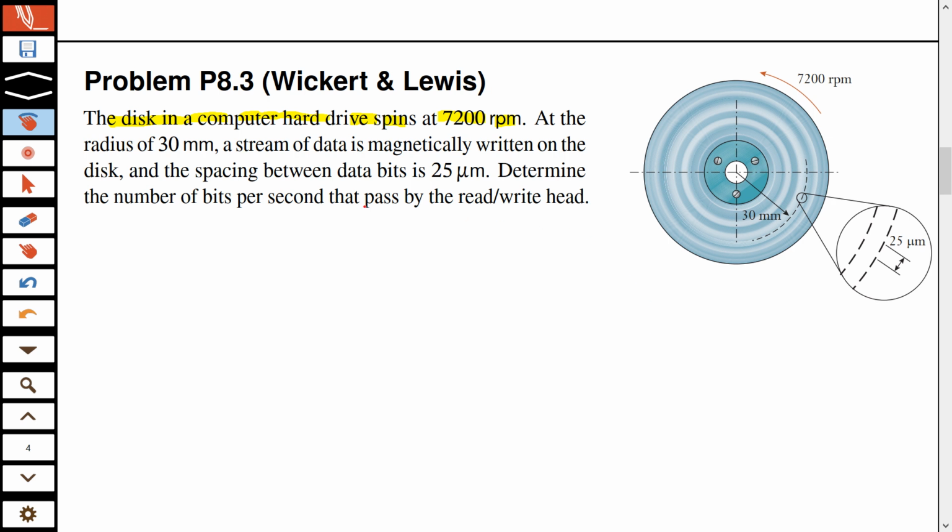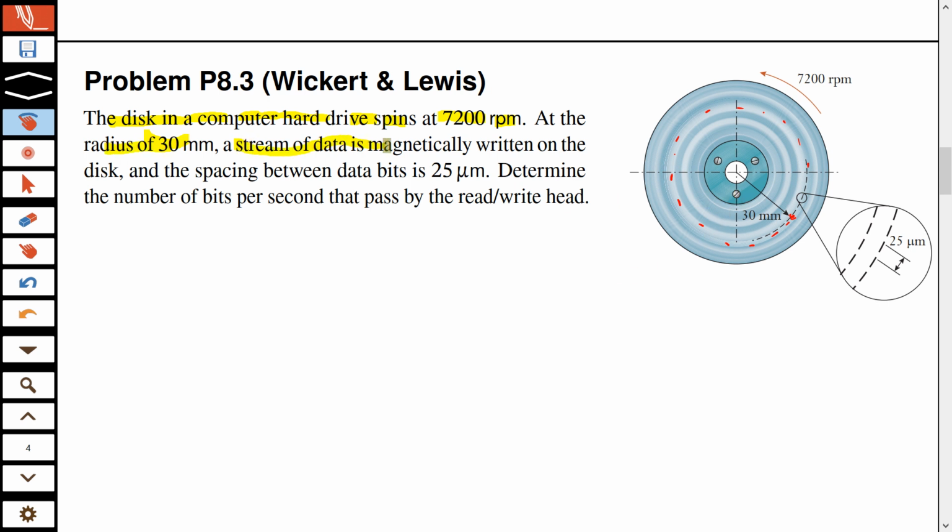Now at the radius of 30 millimeter, of course the disk will have a large radius, but you are considering a circle on the hard disk which is 30 millimeter from the center. So that's why you say at the radius of 30 millimeter.